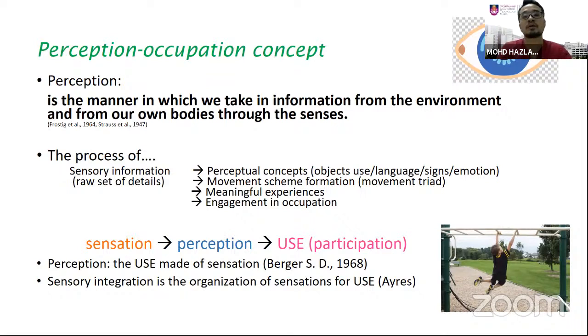So we know about object use, language, signs, and when we see something very beautiful, it affects our emotions. This raw set of details is also important because visual skills do not process all the information by themselves. It requires other parts of the brain, such as the vestibular system and the somatosensory system.